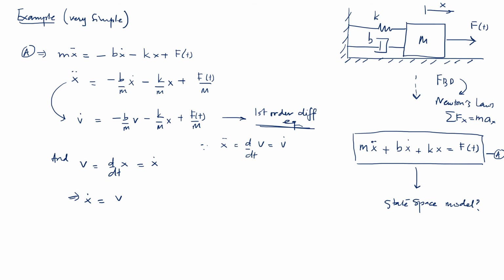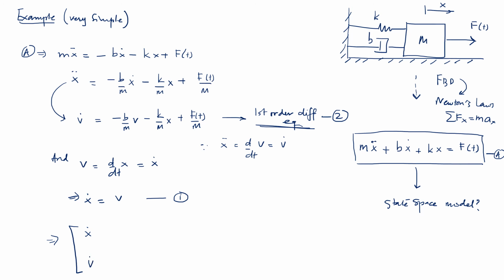This can be labeled as equation number 1, and this as equation number 2, and I can write them down reversing the order, obviously, one first and second later. So you can have this whole stuff written down in terms of a set of first order differential equations where you have x dot on one side and v dot on the other side.